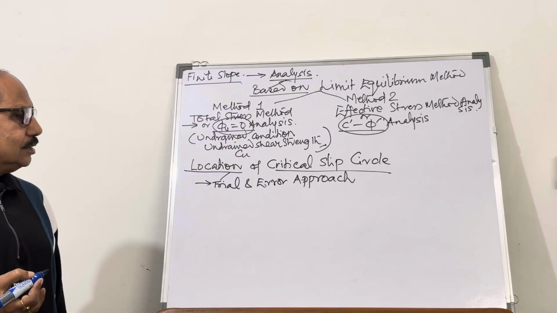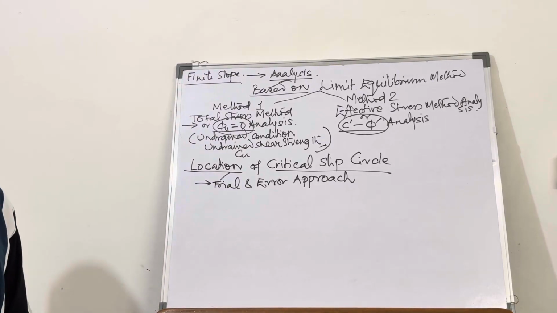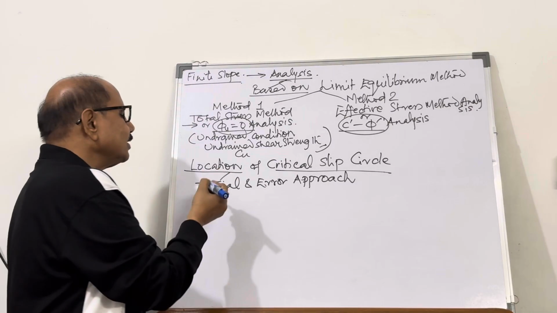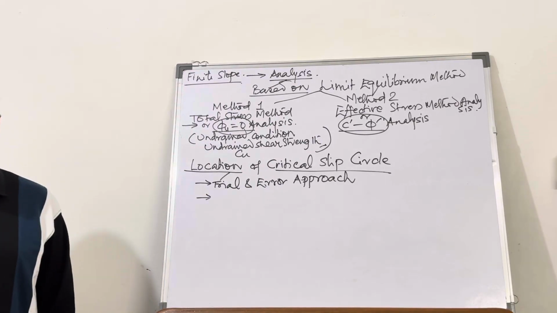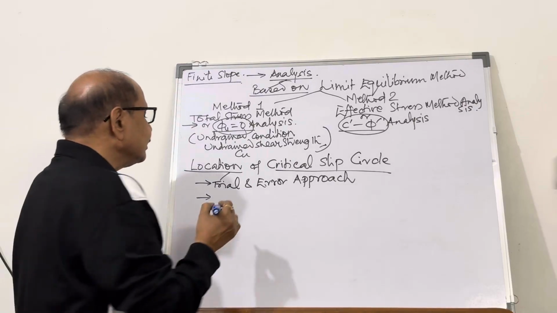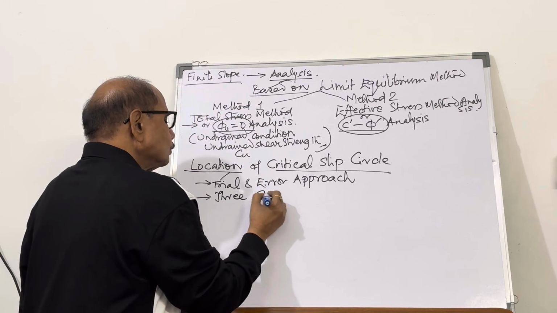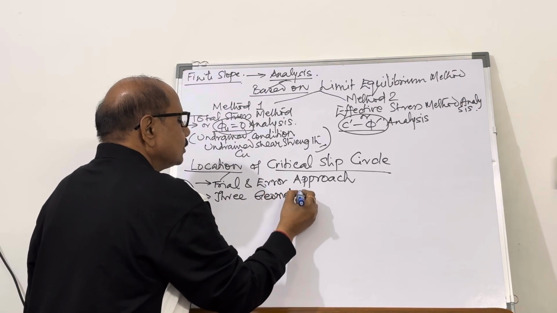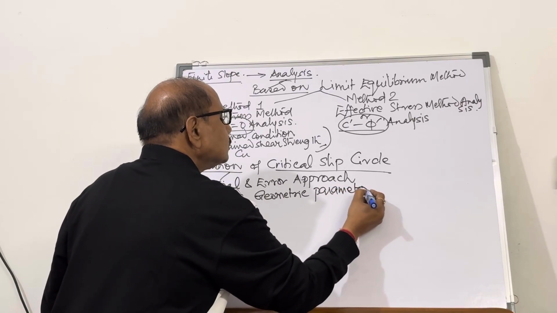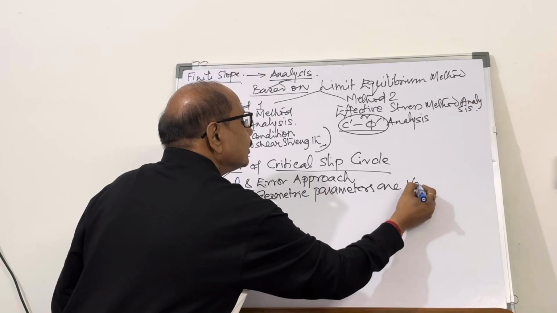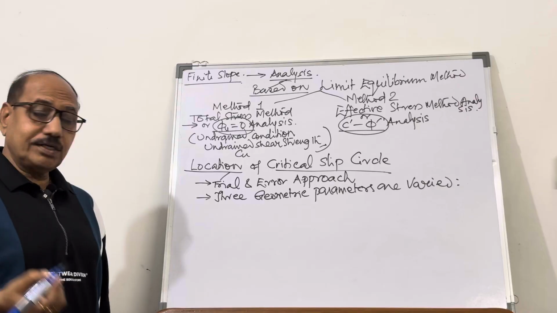It also depends upon this location of the critical slip circle. What we do here is that three geometric parameters are varied for locating the critical slip circle. What are those three?